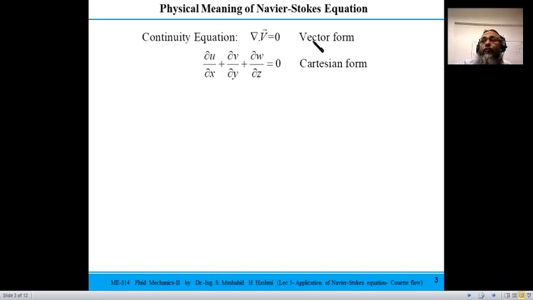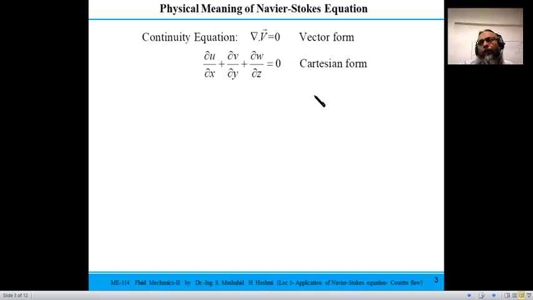Secondly, as you have written this in vector form, the advantage is that the equation becomes independent of the coordinate system. By having the definition of this del operator, which is a vector actually, as you know, and taking the dot product of the vector with the velocity, the resultant is a scalar.